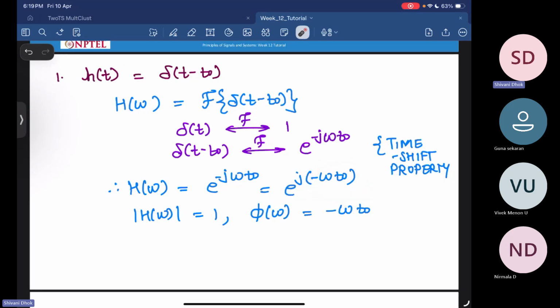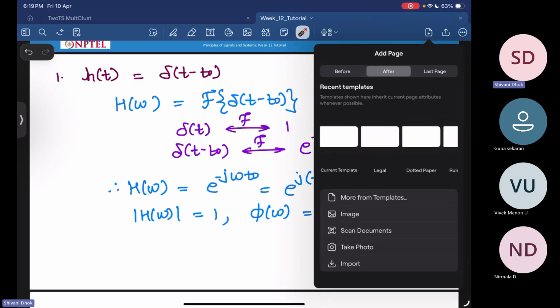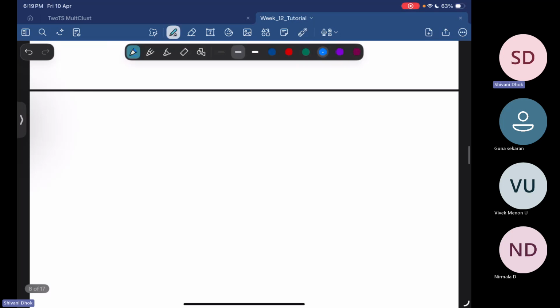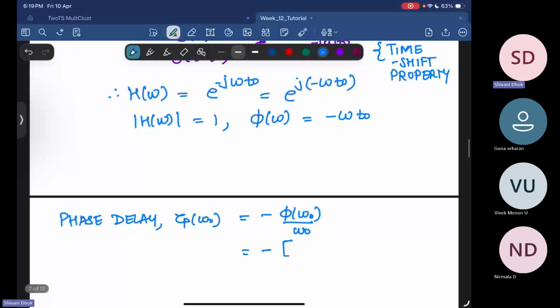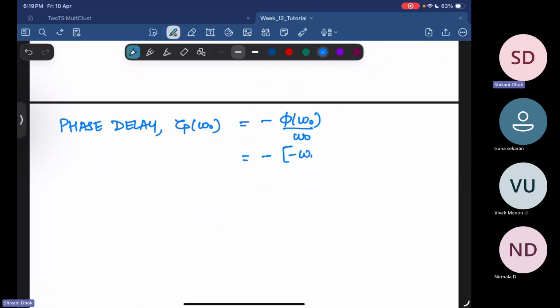So now let us first find out the phase delay, which is minus phi of omega naught by omega naught. Phi of omega naught is minus omega naught t naught, so minus omega naught t naught divided by omega naught. Omega naught gets cancelled, and what we are left with is t naught.